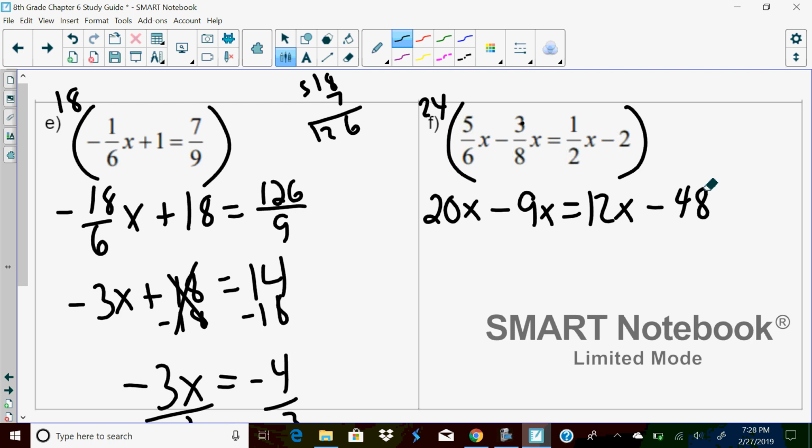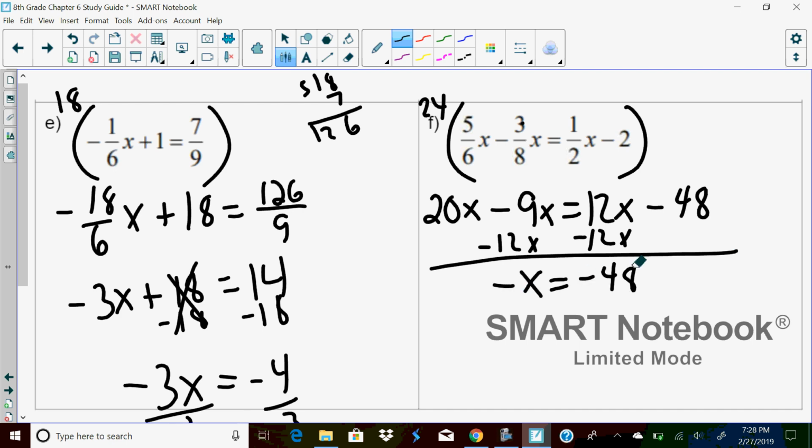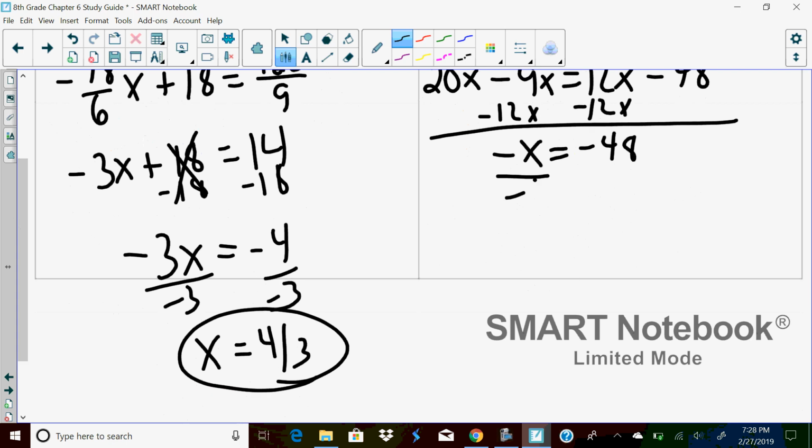So I subtract 12x from both sides. So I'm going to get 20 minus 9, which is 11, minus 12 is negative x, equals negative 48. So then I can divide both sides by negative 1, and I get x equals positive 48.